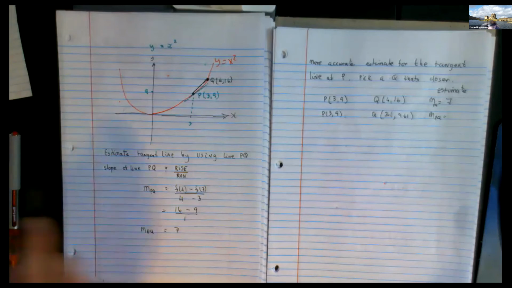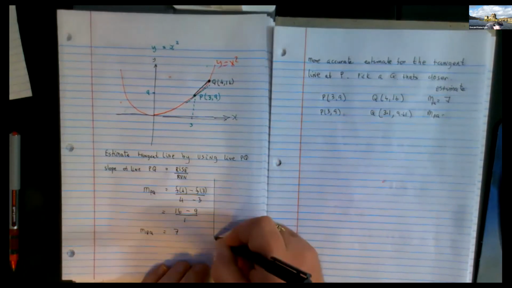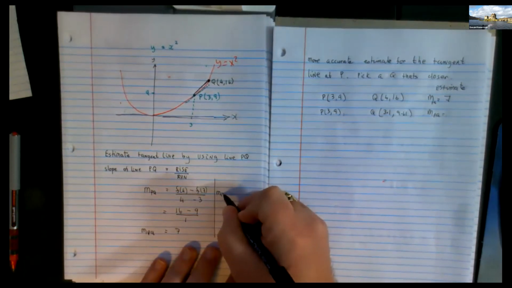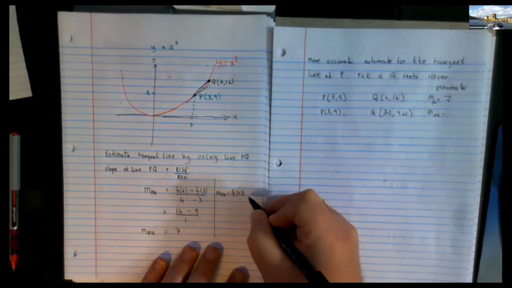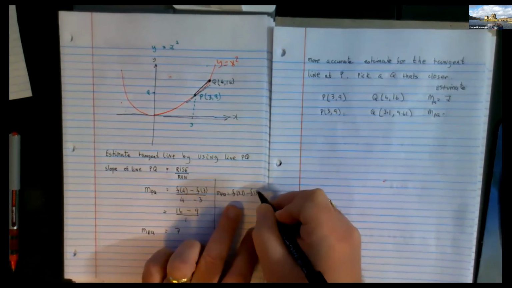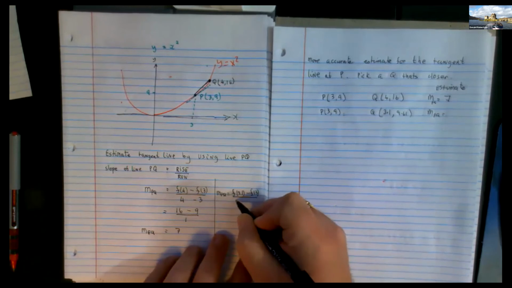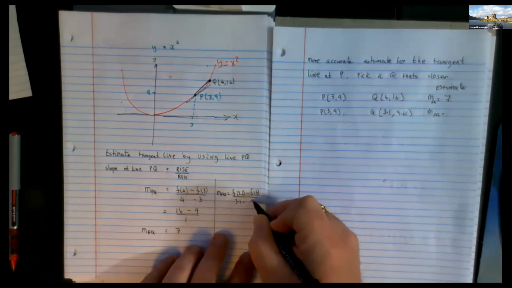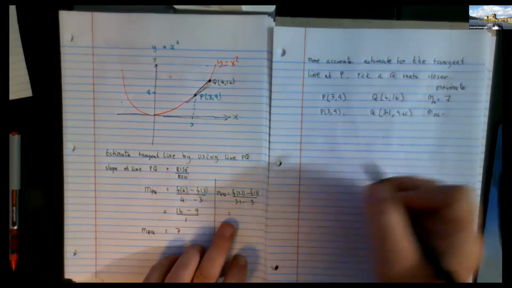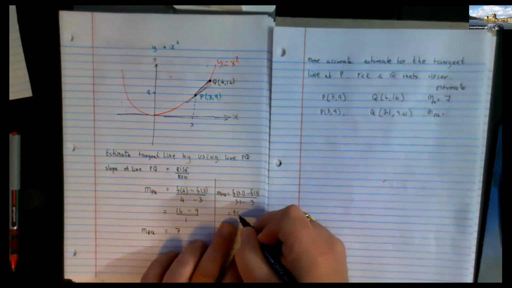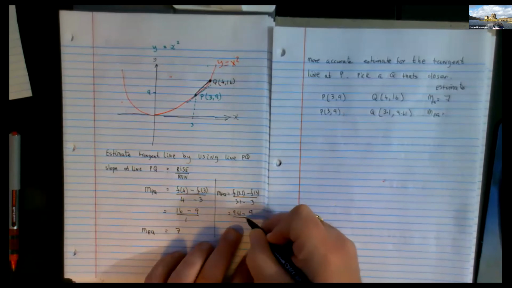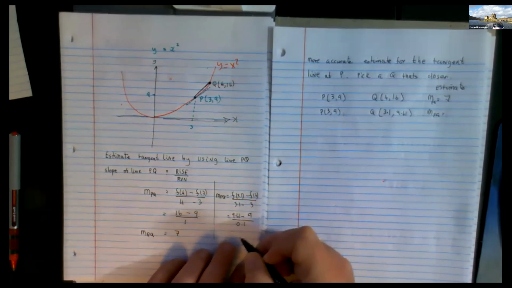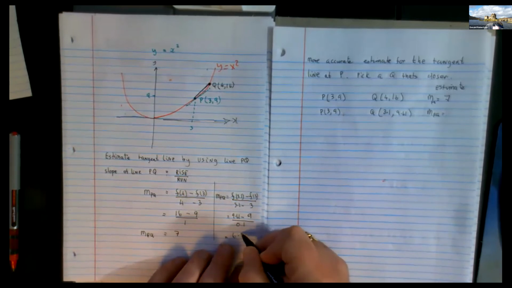Well, if I was doing it over here, it would be the value of the function at 3.1, take away the value of the function at 3, over 3.1 take away 3, and the value at 3.1 is what? 9.61, take away 9, divided by 0.1, and the answer I got would be 6.1.